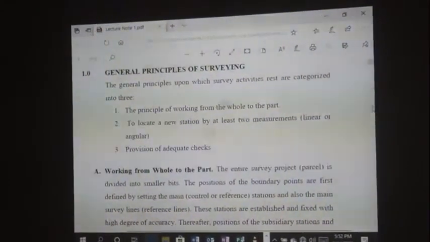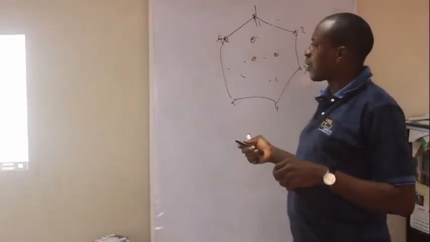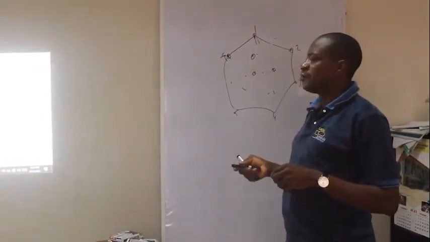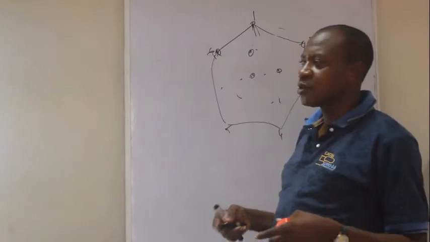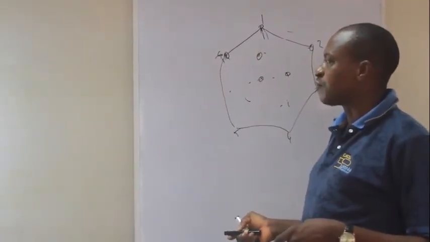Though they vary, there are 2 measurements that you have to measure, at least 2. It can be more than 2, but the more measurements you carry out, the better the result is likely to be. Then the third one is provision of adequate checks.